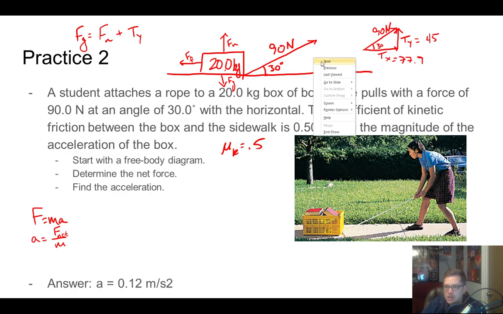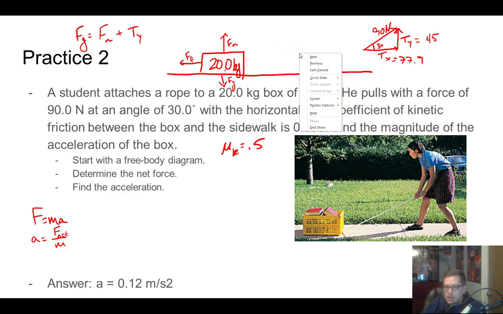So let's erase this and we'll add in these components. All right, so we still have this information on the right, but now we're going to add in our new components. Okay, so we've got some pulling force this way. We called this Tx, and then now we also know we have this guy here, Ty.